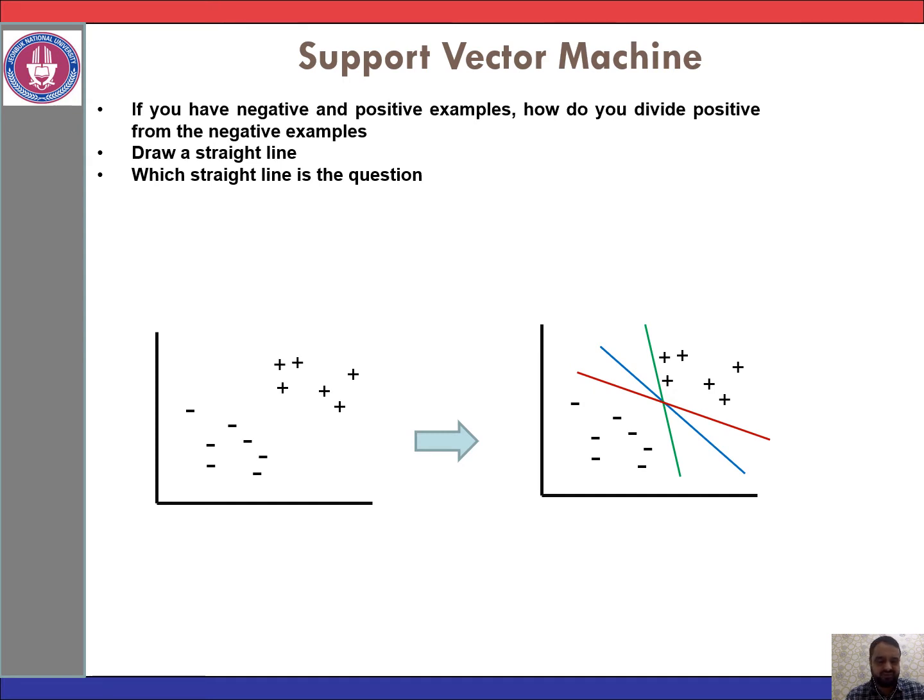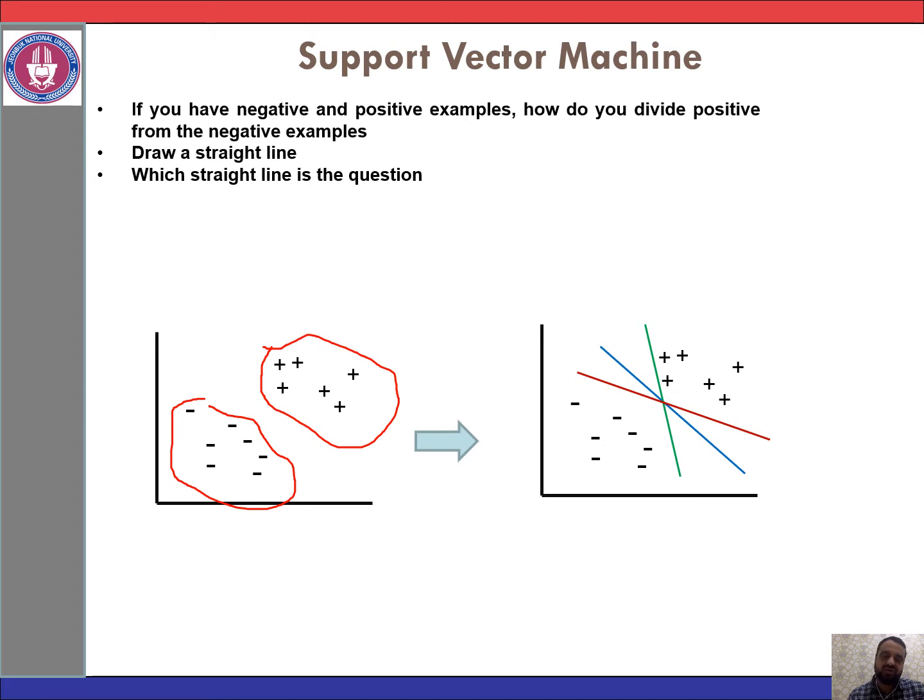Before going into the detail of the support vector machine, let's pose a question. Suppose we have this data set that consists of two classes. One is this one and the second one is this one. Now we want to classify this data set into two classes, a positive class and a negative class.